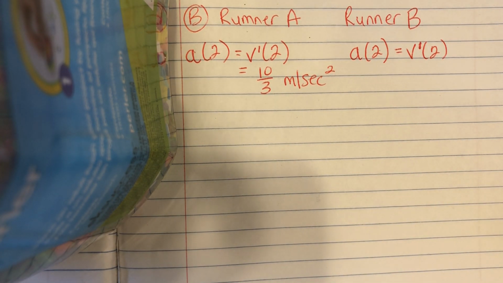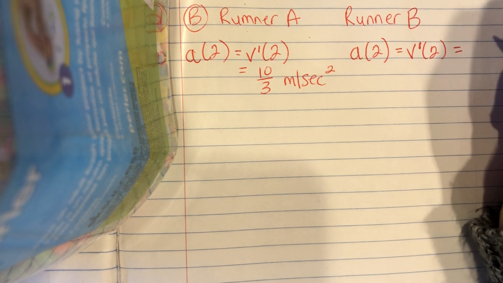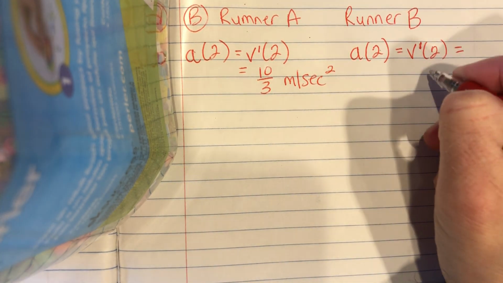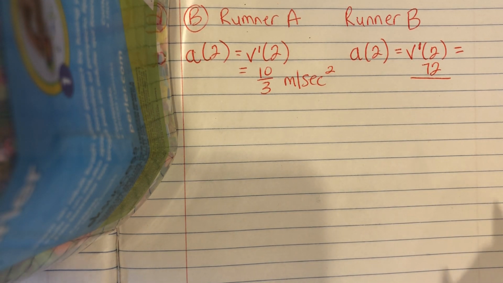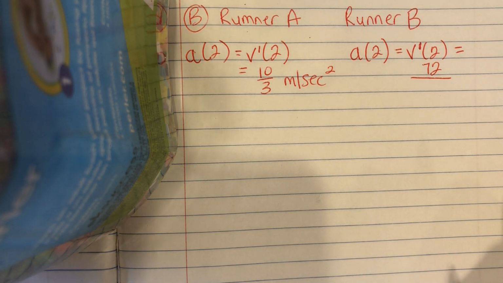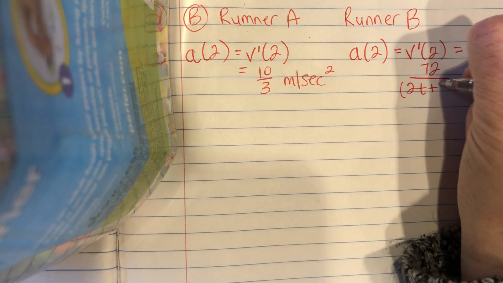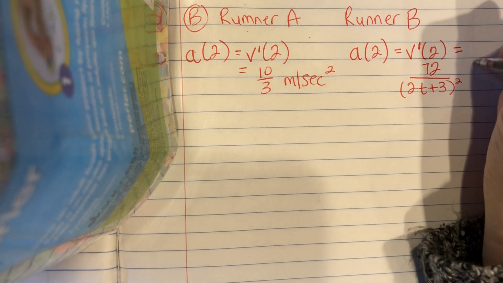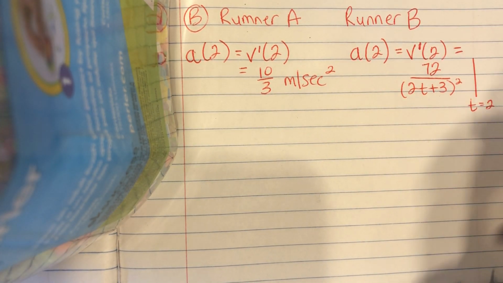So if you take a second and use your good old quotient rule here to find the derivative of runner B's velocity function, and you have to do some algebraic cleaning up, but when we do our good old low D high minus high D low over low low, we have 72 over (2t plus 3) quantity squared, and we wish to evaluate that particular derivative at t equals 2.